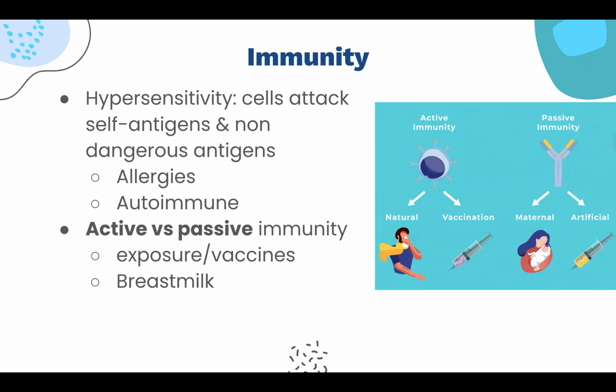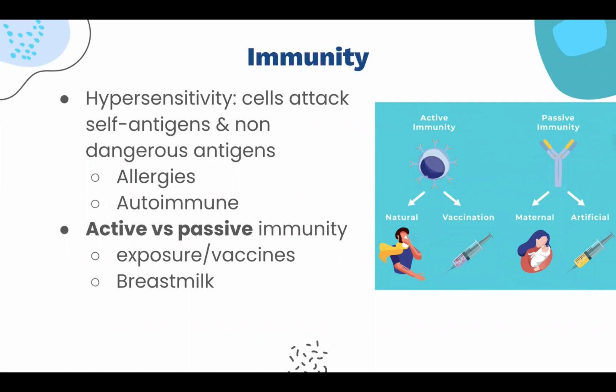And two types of immunity, which you can see in the diagram, are active and passive immunity. Active immunity would be direct exposure of the antigen or a weakened version of the antigen, like a vaccination. Passive immunity would be exposure to antibodies, which gives us some protection against a pathogen.